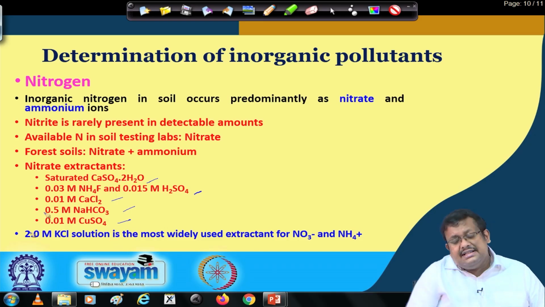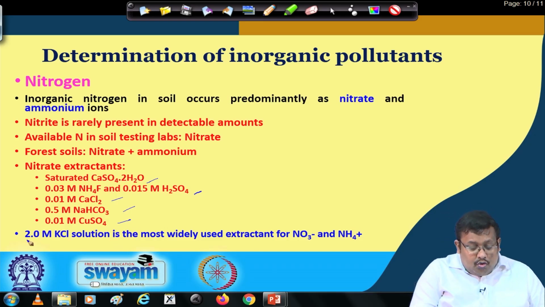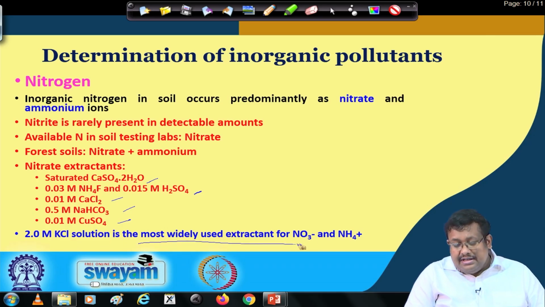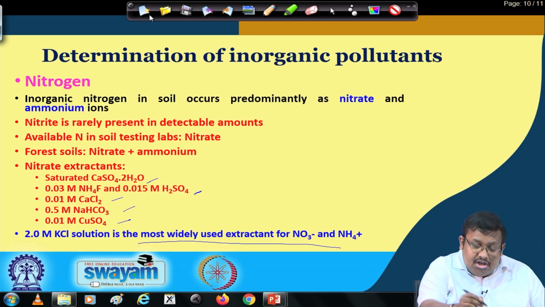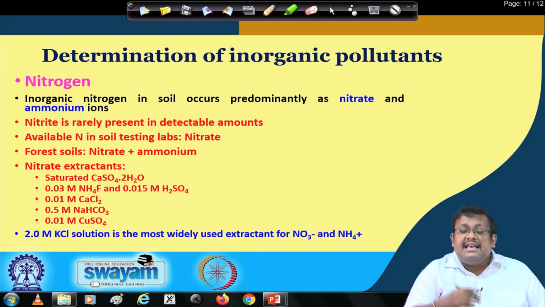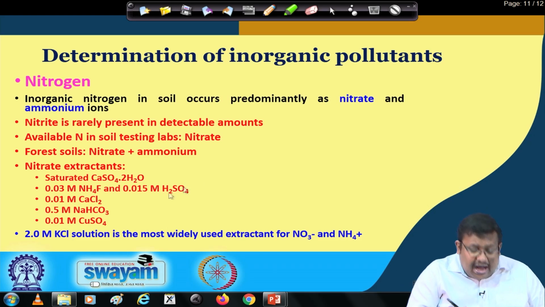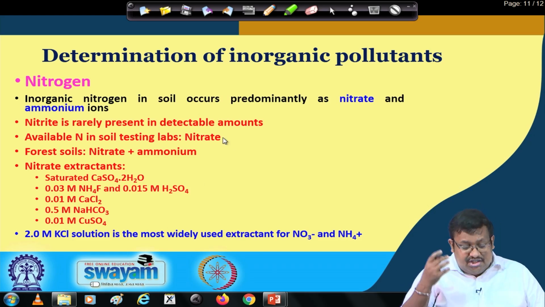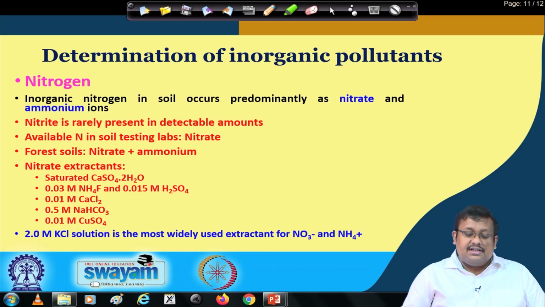All these are generally used as extractants for nitrate, and 2 molar KCl solution is the most widely used extractant for nitrate and ammonium. Once you extract the ions from the soil using this extracting solution, you use different types of instruments to measure the concentration of the different ions.